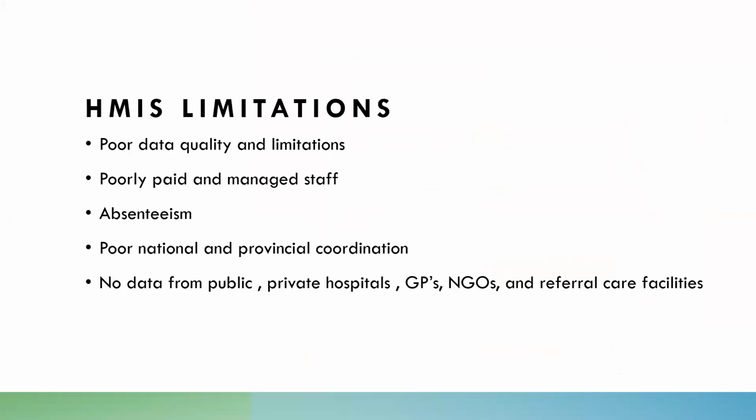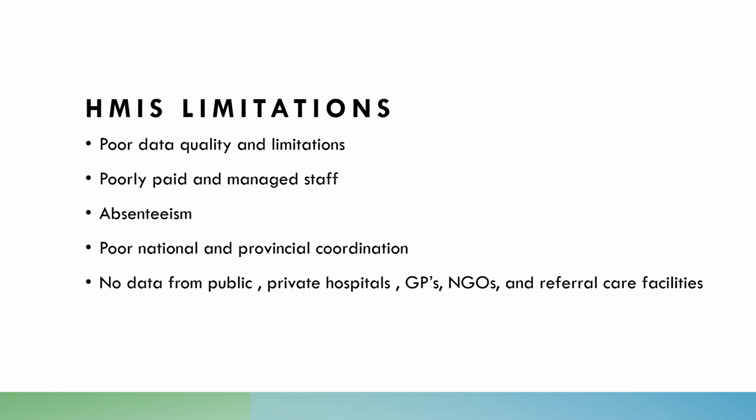But there are some limitations to this HMIS system. That is, there is poor data quality, and limitations related to poorly paid and managed staff. Absenteeism and poor national and provincial coordination are other limitations. And no proper data is provided by the private hospitals, the GPs, the NGOs, and the referral care facilities.